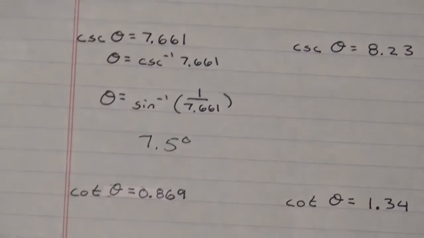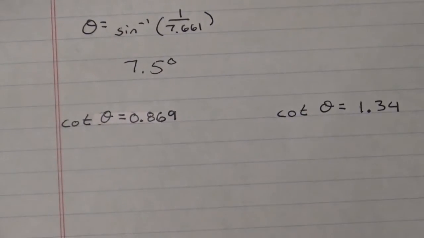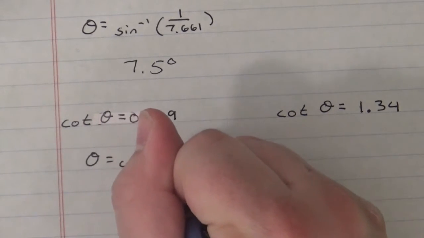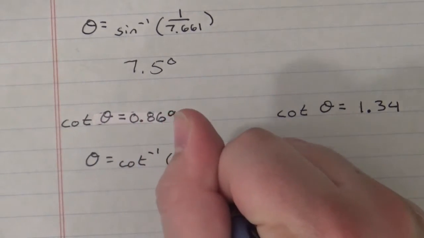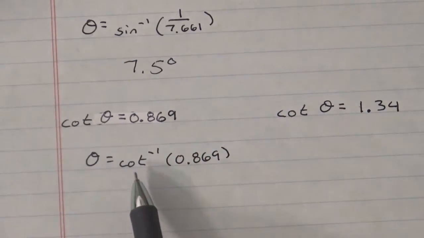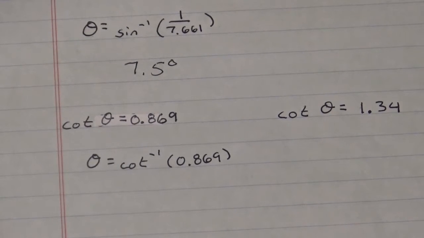Let's look at the last one, cotangent. Same principle. We know we need to find the inverse cotangent of 0.869. The problem is inverse cotangent doesn't exist on a calculator.